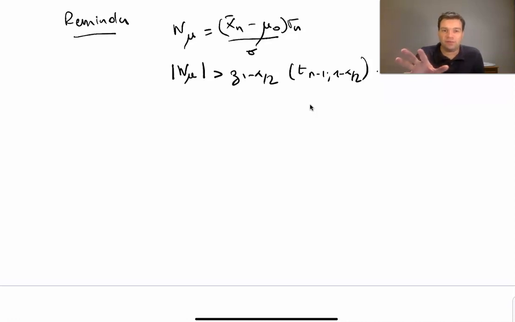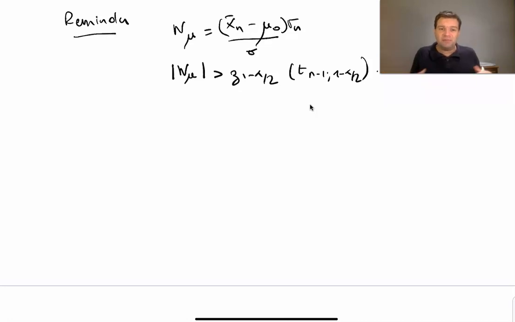Just a remark with respect to that, when you see the student distribution and the normal distribution, as I said before already, when the number of degrees of freedom of the student distribution increases, the student distribution becomes more and more similar to the normal distribution.